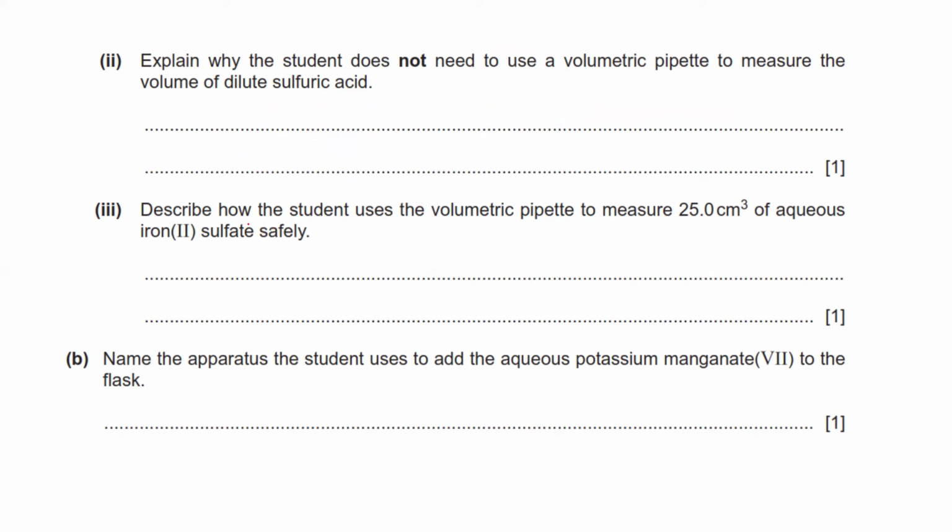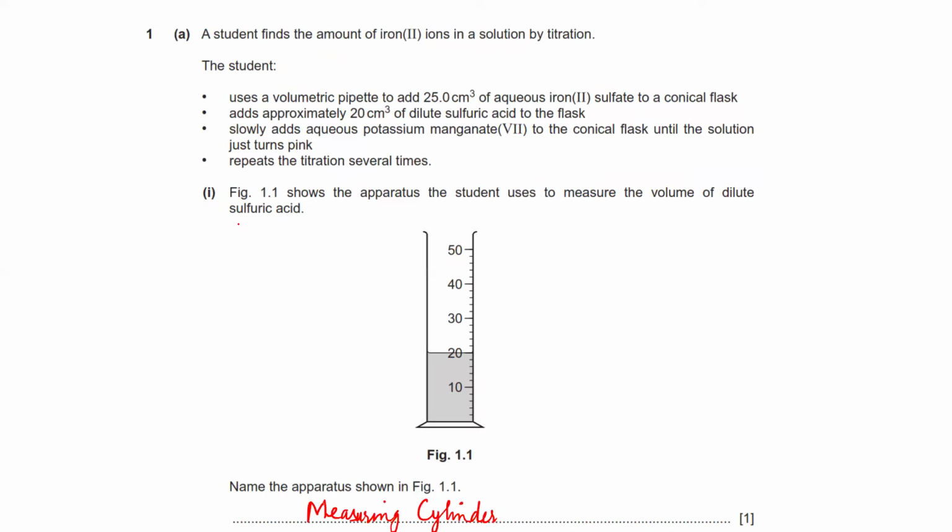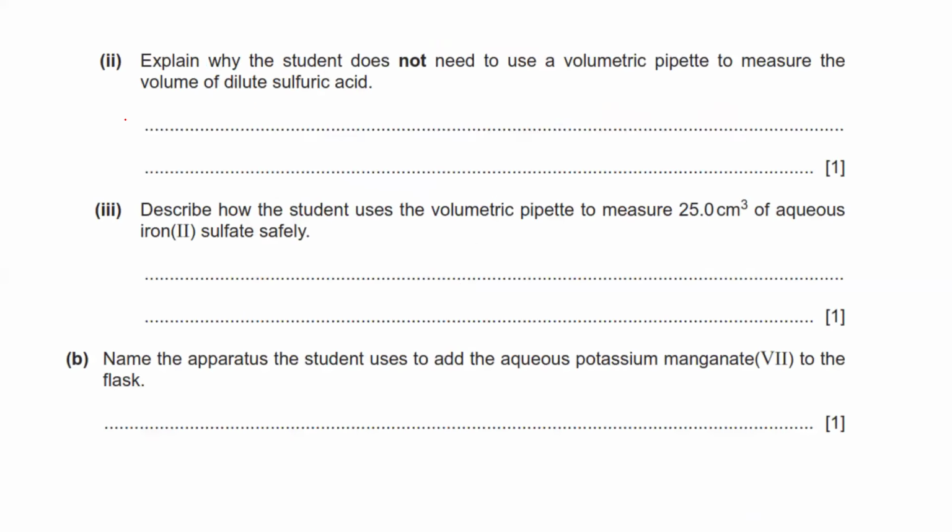Okay. So next part 2. Explain why the student does not need a volumetric pipette to measure the volume of the dilute sulfuric acid. Okay, so let's see. Here it says add approximately 20 cm³ of dilute sulfuric acid. So we do not need a very precise volume of sulfuric acid. So a burette would be perfectly fine.